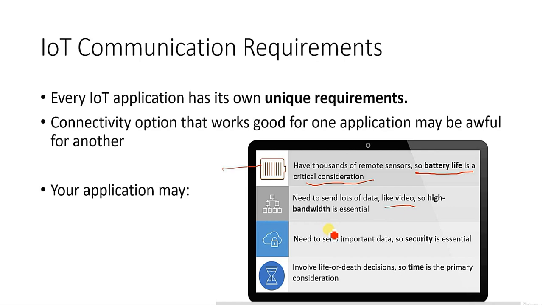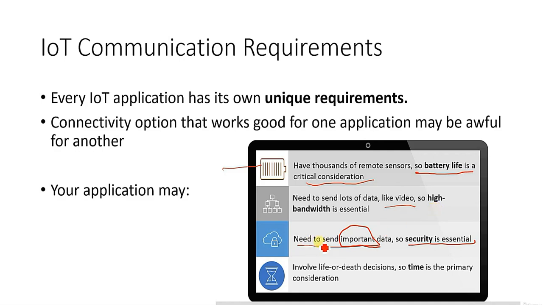In a third kind of requirement, whatever data we are sending is very important. Let's consider banking information or your credit card or debit card information. In that case, security is most essential rather than battery life or high bandwidth.